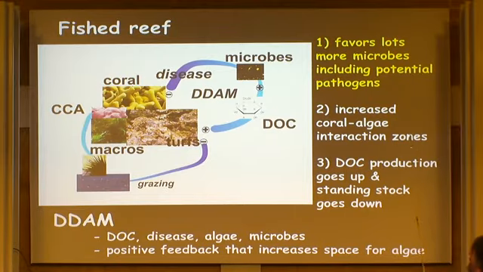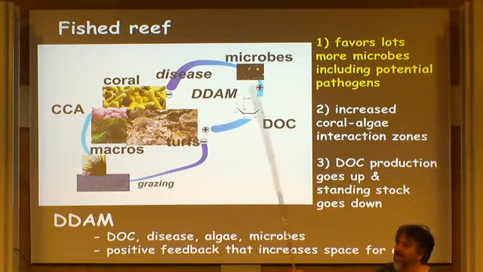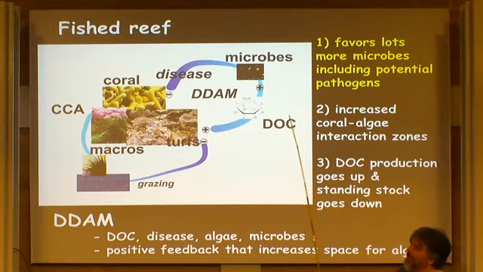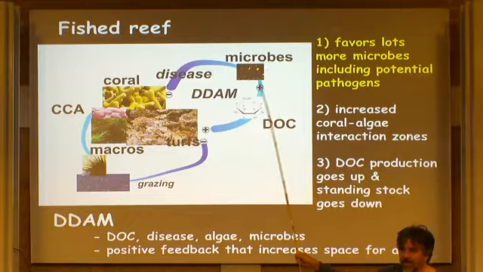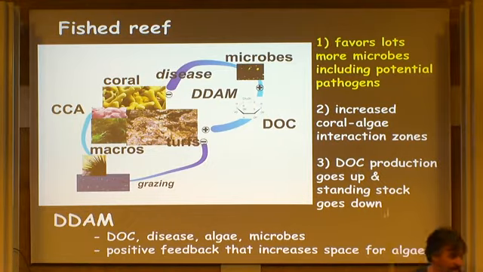They like hamburger, is the way to think about it. And I'll show you a little bit that there's this increase in coral interaction zones, which I think is interesting from a modeling point. And then a little bit of this kind of paradox where you're producing more of this, which actually makes the standing stock of DOC go down because you're producing so much microbial biomass.